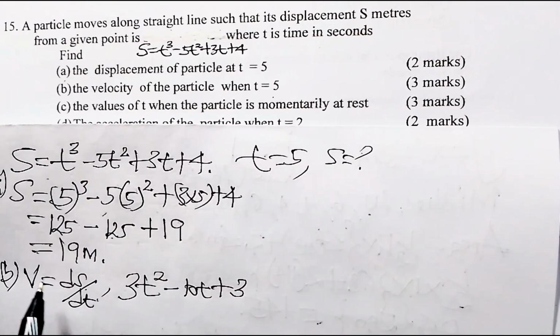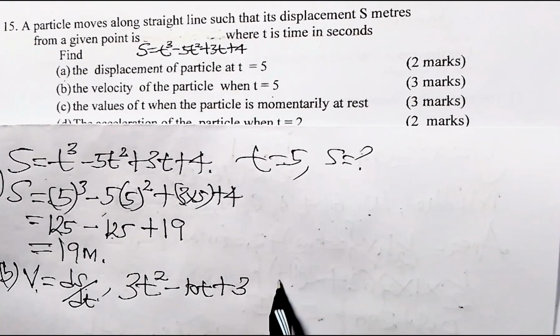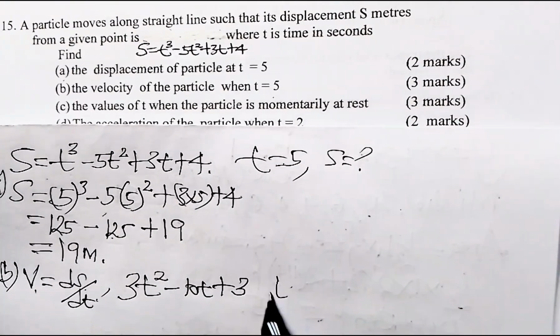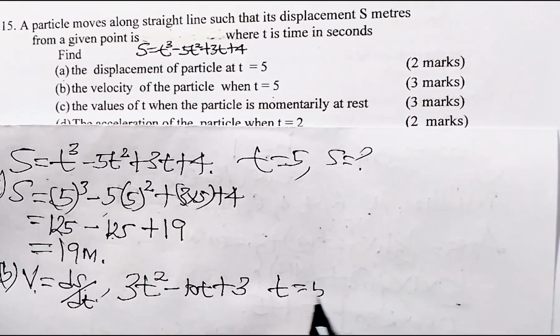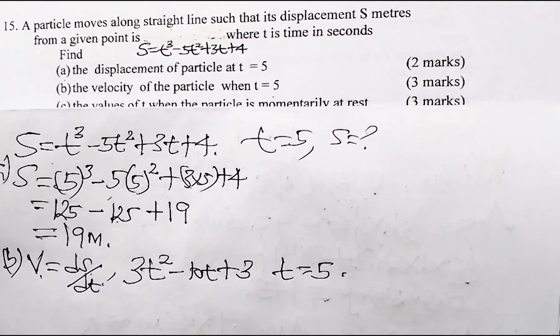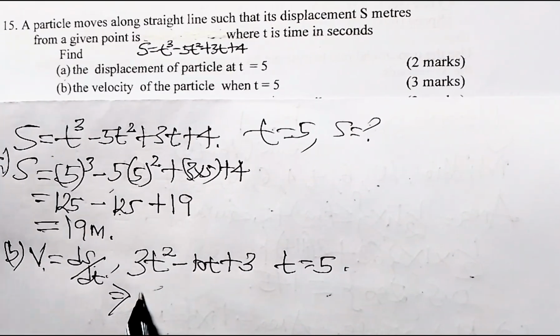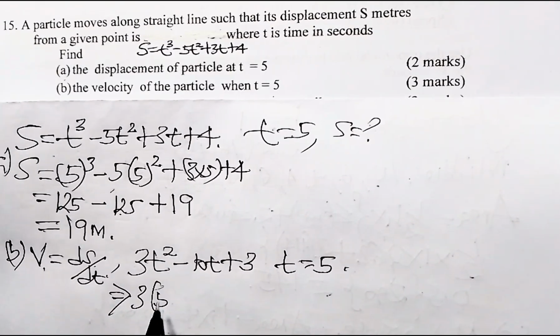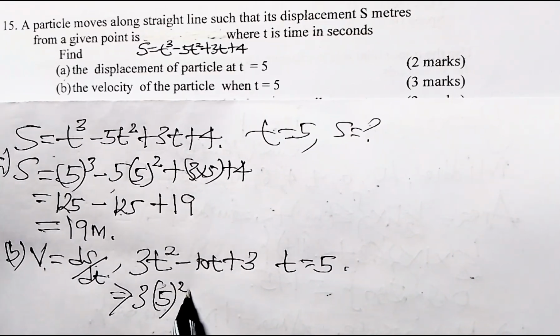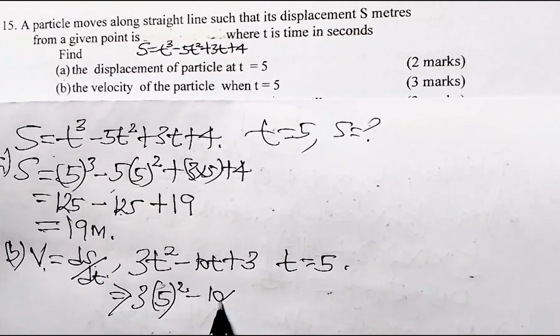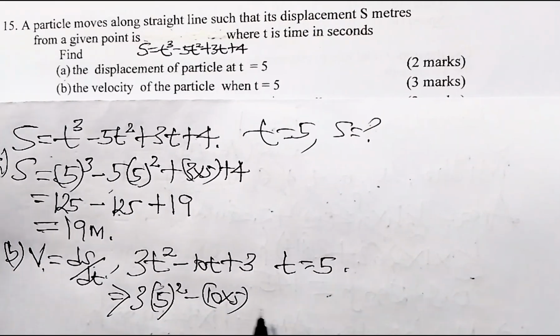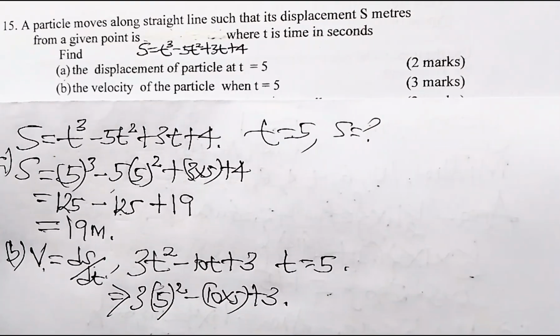And we want to get the velocity when t is equal to 5. Again, we substitute here. 3 multiplied by 5 squared minus 10 multiplied by 5 plus 3.